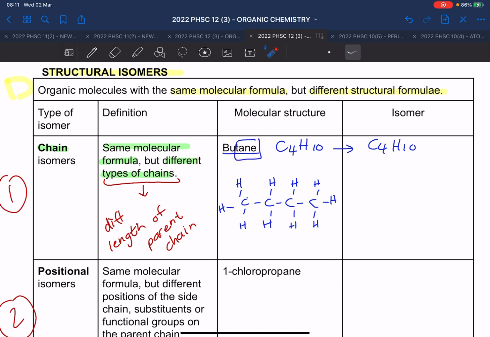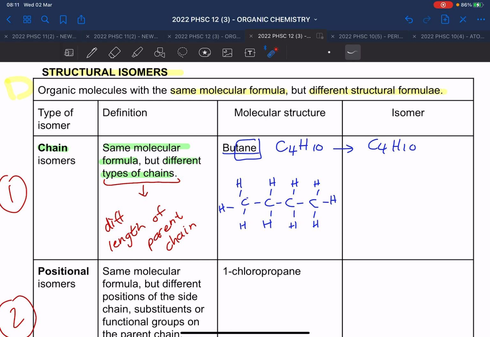It must be a different parent chain, so it can't be but. But it must have 4 carbons. In what way can I take these things apart, put them back together, but not have 4 carbons on the parent chain?